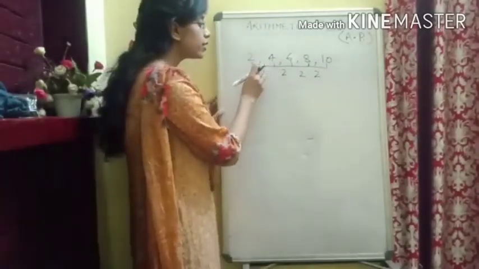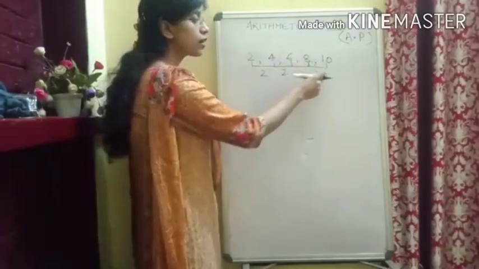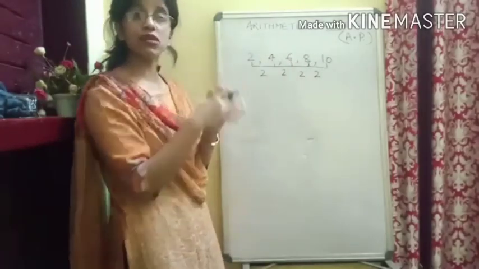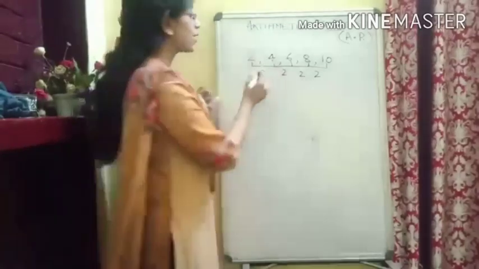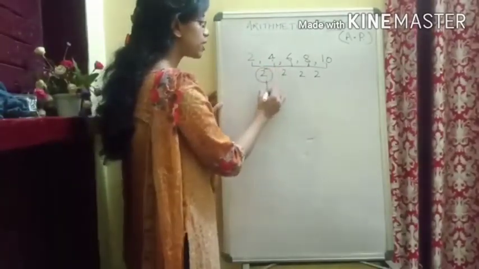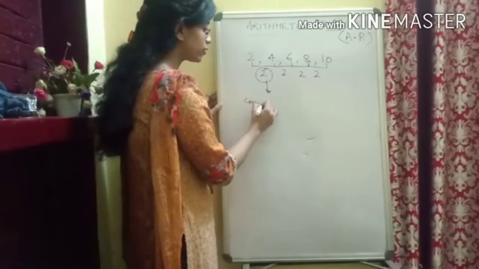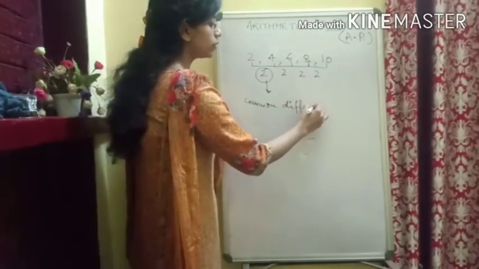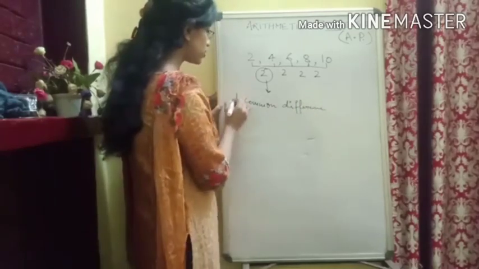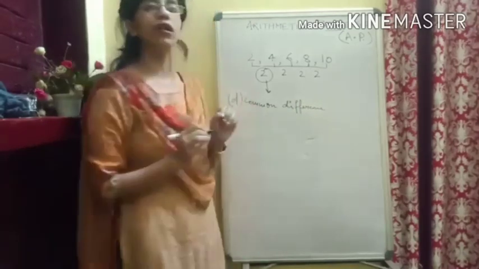So every time the difference of the two numbers is the same, that means the difference is constant, or common, and that's how we call this the common difference. It is denoted by the small letter d.